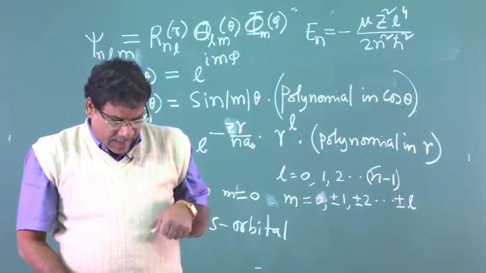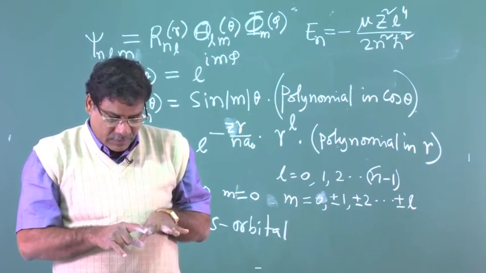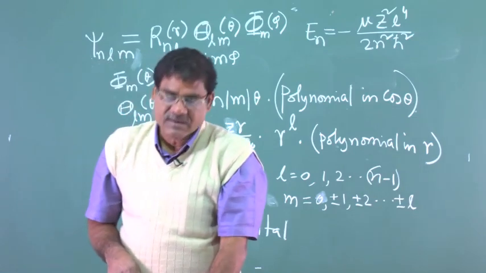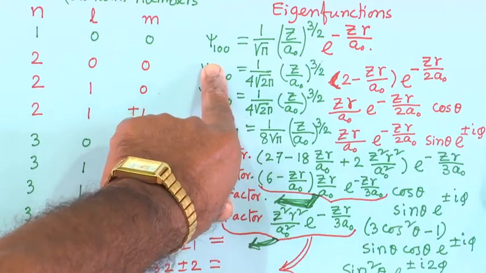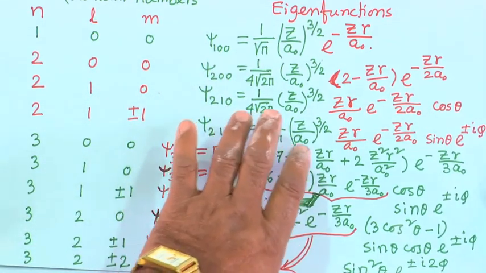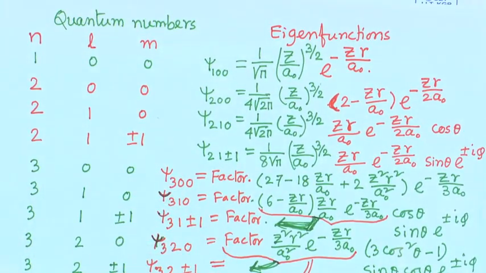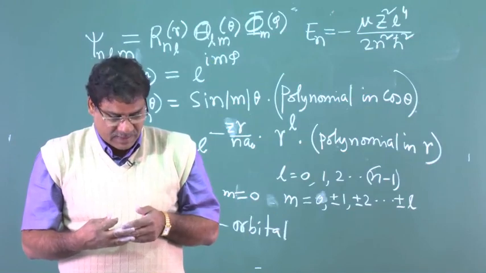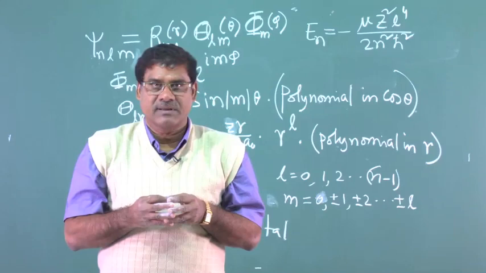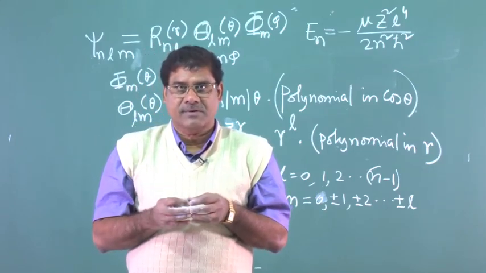And if I plot this wave function, one can find out how it varies as a function of r, theta and phi. But since it is 3 dimensional, with 3 coordinates r, theta, phi, the drawing will be slightly complicated.